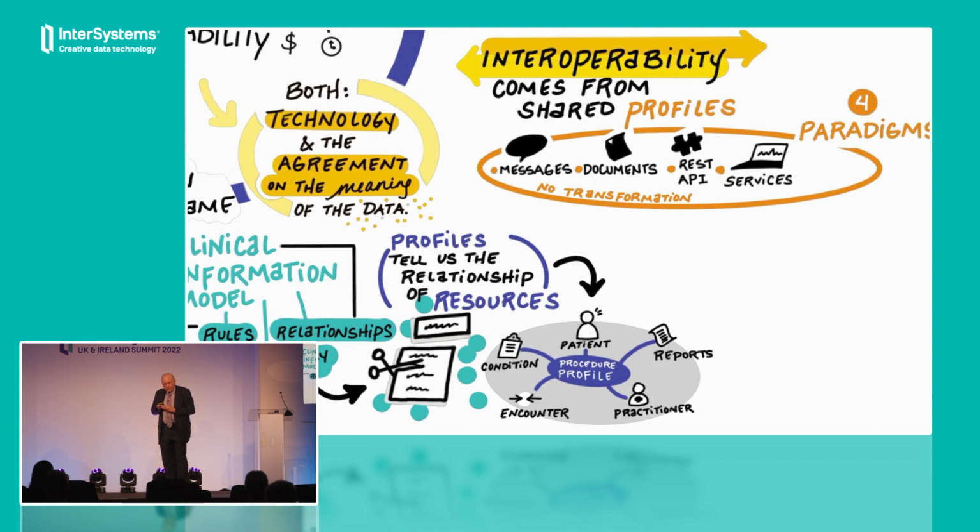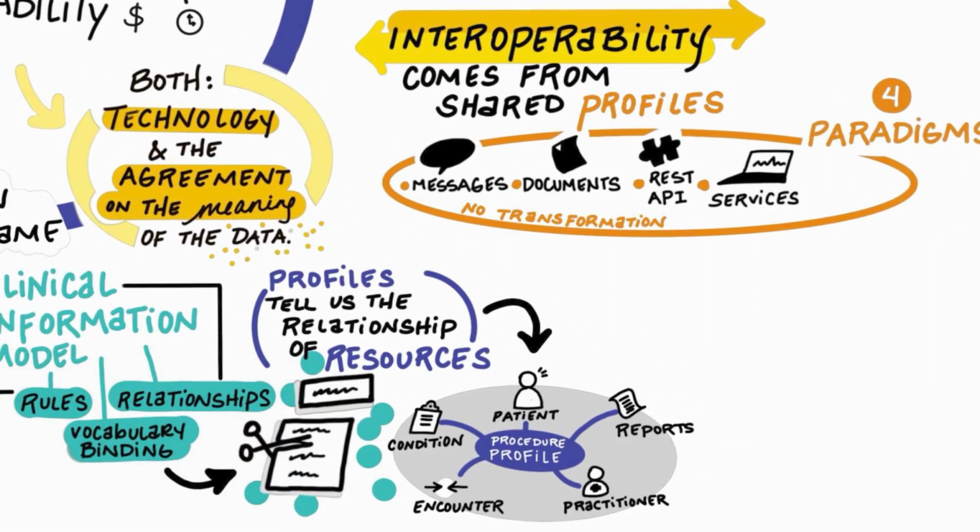So as an example of how profiles are used, let me take a particular use case and say it's a procedure, and it could be a diagnostic procedure like a laboratory test. It could be an imaging procedure. It could be a surgical procedure. All procedures have certain things in common.